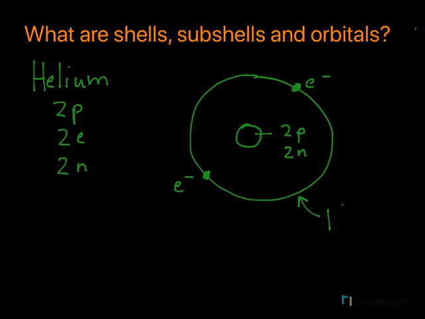Since it only has the one orbital, we call this number 1. So this is the first shell, and it is an orbital with 2 electrons. So this is the atomic structure of helium.